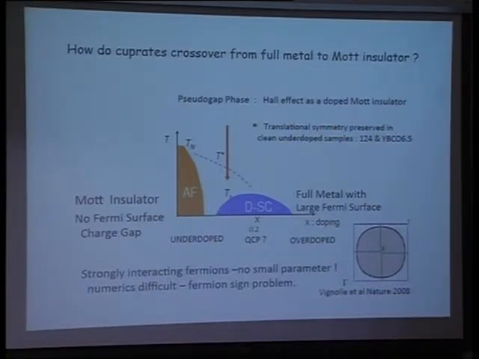Now, one of the key questions that has been raised is about the importance of possible translational symmetry breaking, because in some cases there are examples of translational symmetry breaking in this pseudogap phase, but if one looks for the cleanest underdoped samples, such as this 124 or this sample we heard about earlier, these don't show it.